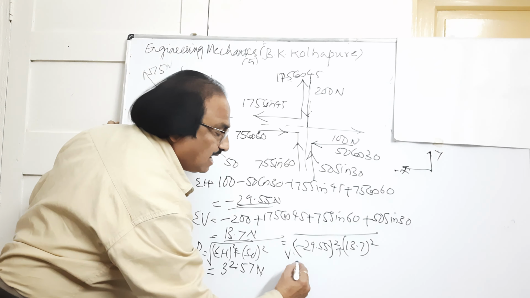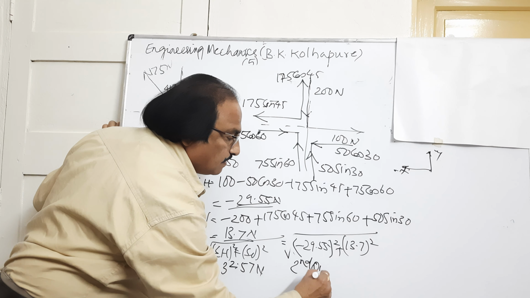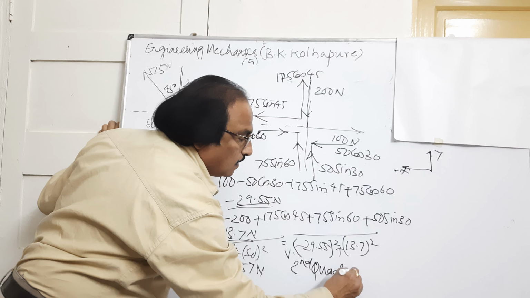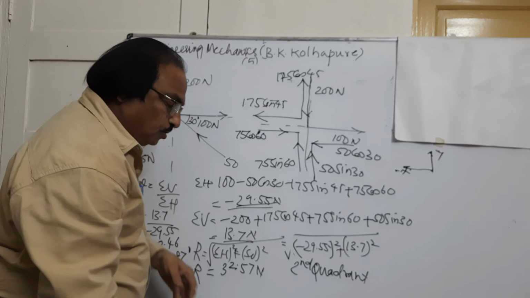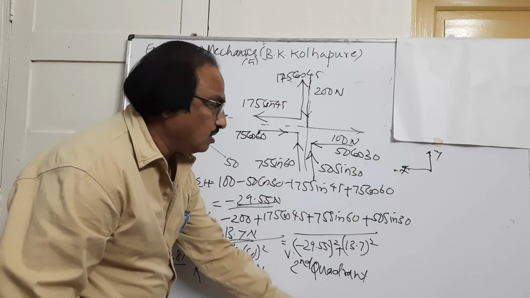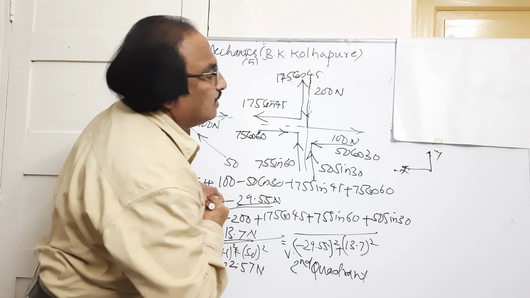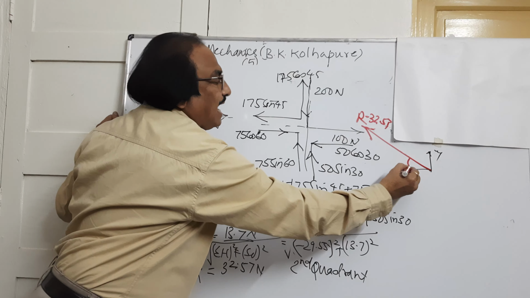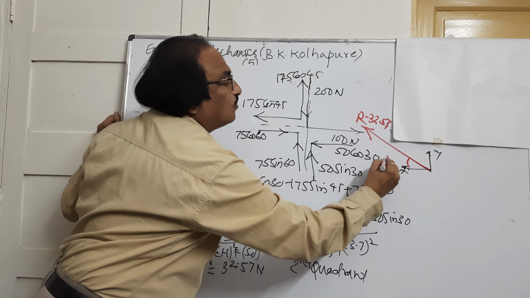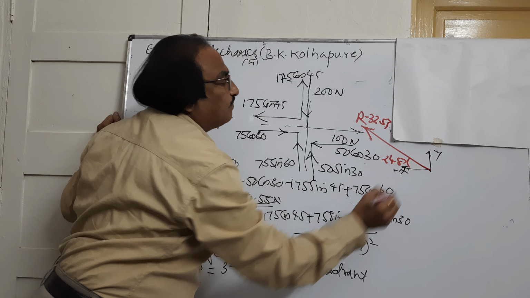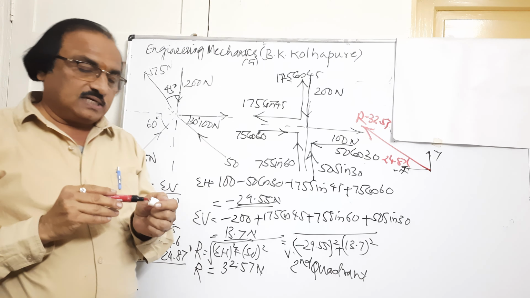So the resultant will lie in the second quadrant. You draw a line in the second quadrant. This is your resultant, and the value of the resultant is 32.57, and it is making an angle of 24.87. So the resultant is lying in the second quadrant.